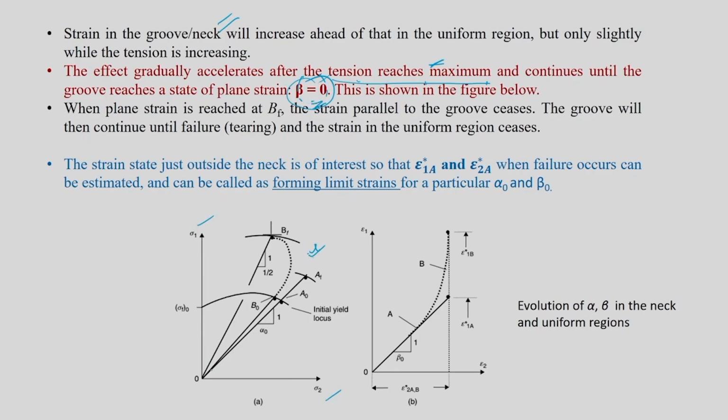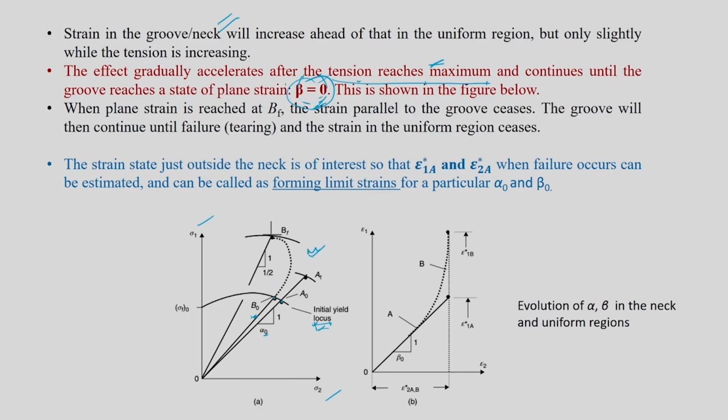This situation is already known to us: the initial yield locus is there, and this point is for A, and it will slightly rotate for B, and because of that there will be some change in alpha with respect to alpha naught. But if you further deform it and once tension crosses maximum tension, you will reach a state of plane strain, which is what we have seen in the previous analysis also.